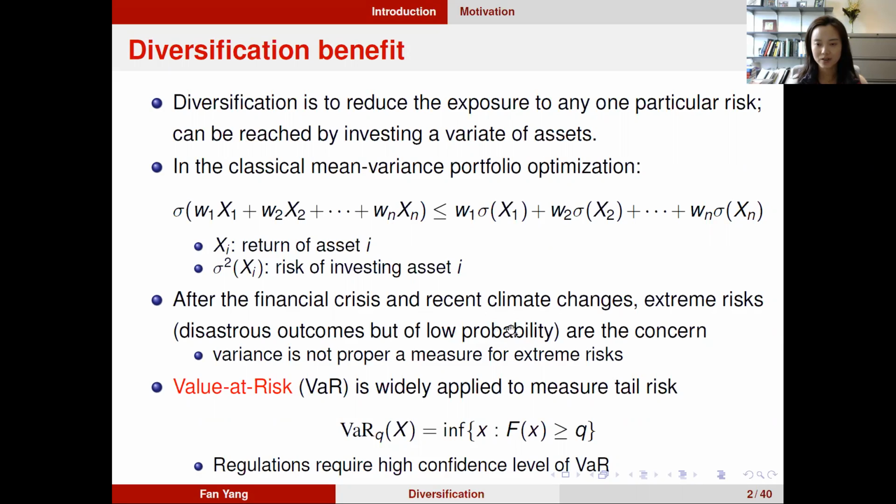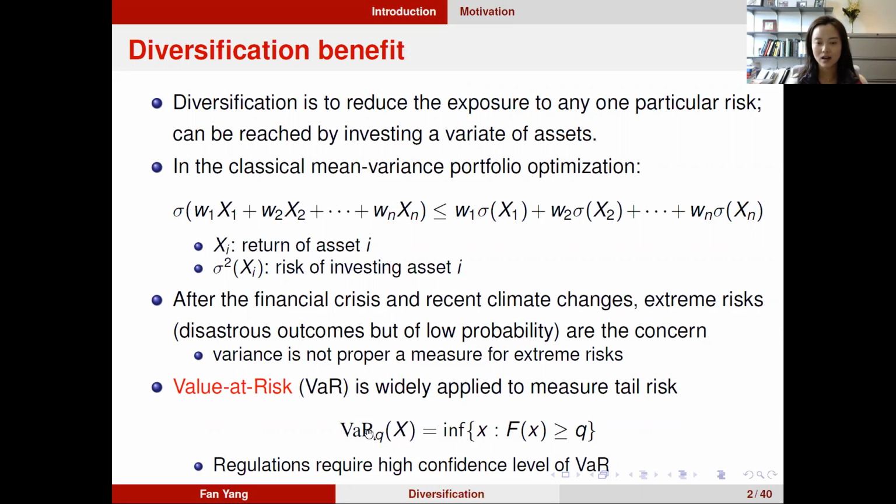For such risks, the variance is apparently not a proper measure of tail risk, because people now really care about what happens in the far end, in the tail, where the extremes occur. Instead, the value-at-risk, or VaR for short, is widely applied in industry to measure tail risk.